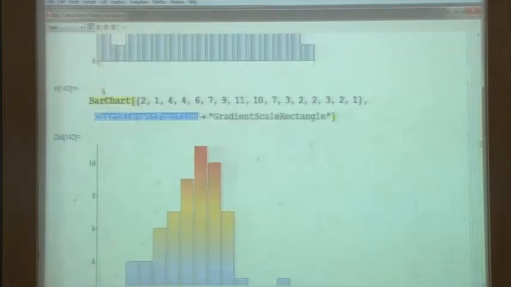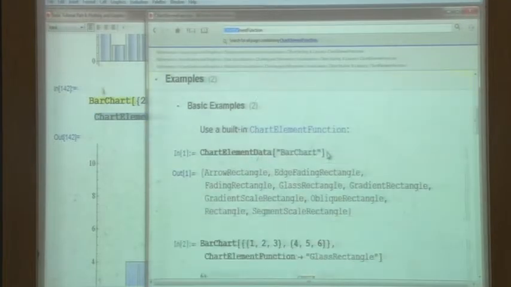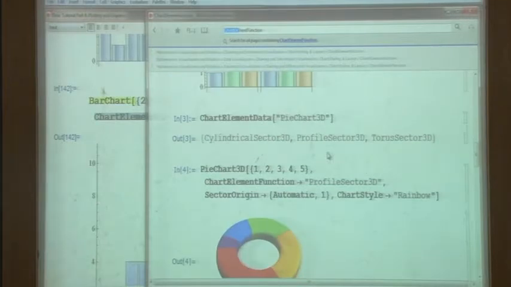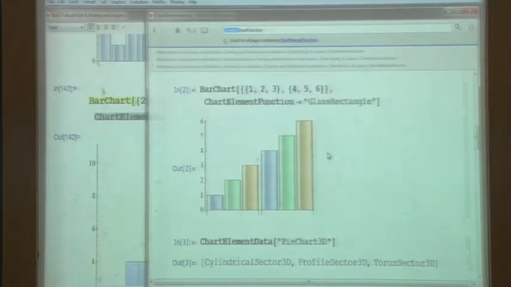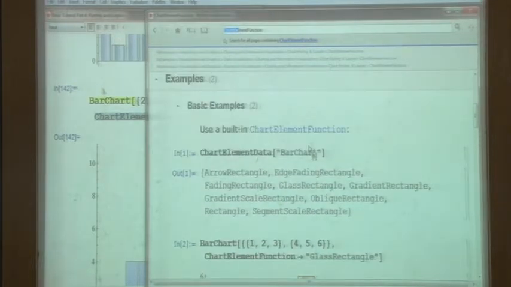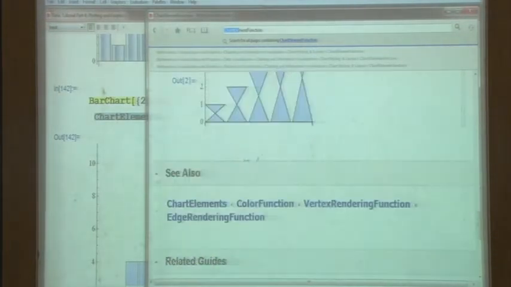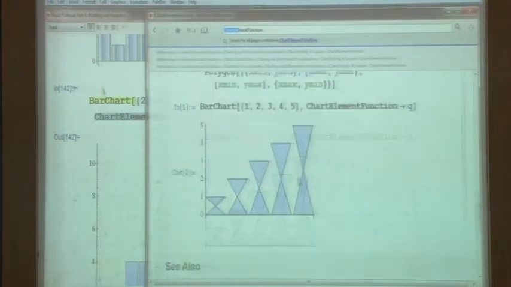Let me check, alright? So I can go to ChartElementFunction here, and I can look at what options I have. Yes. So ChartElementFunction, and let's see. What options do we have? Oh, interesting.